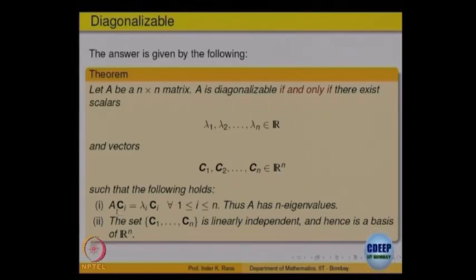One, A applied to the vector Ci is lambda i Ci, and this essentially says that the scalar lambda i is an eigenvalue and Ci is an eigenvector for that eigenvalue. Diagonalizability is captured by the fact that the set of these eigenvectors C1, C2, ..., Cn is a linearly independent set and hence forms a basis for R^n. There are n vectors which are linearly independent and form a basis.